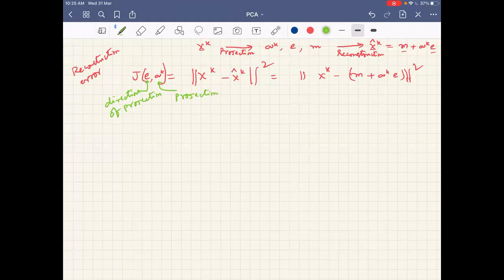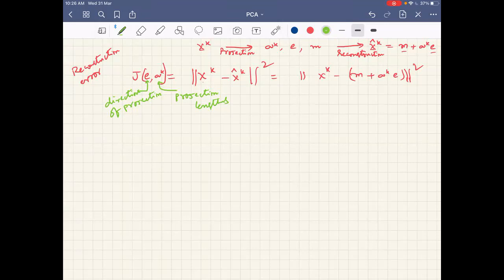I want to find the best direction, and also how the projection length should be. That means, how should I do the projection? What are the optimal projection lengths that will minimize the reconstruction error? Because my objective is capturing the maximum information between xk and xk hat.